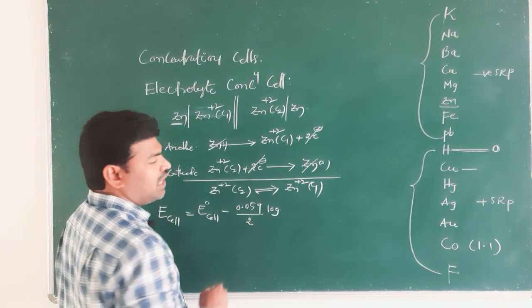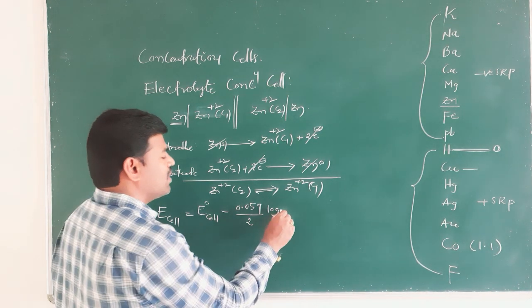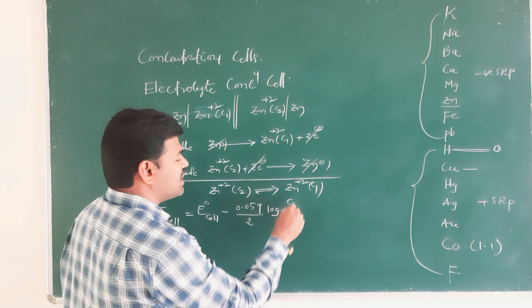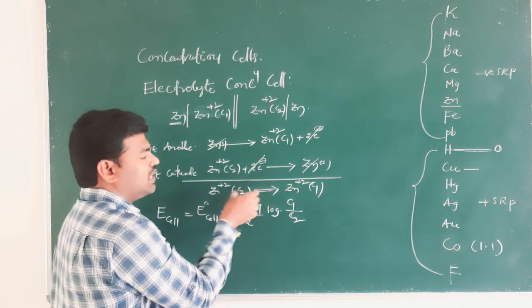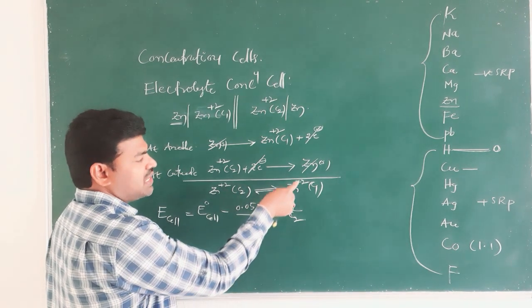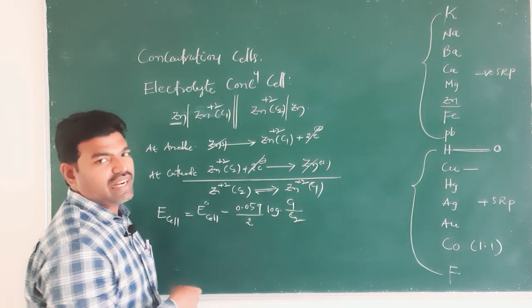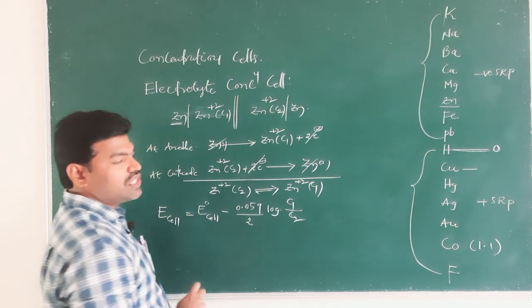K can be written as concentration of products by concentration of reactants. That's why I write C1 by C2.